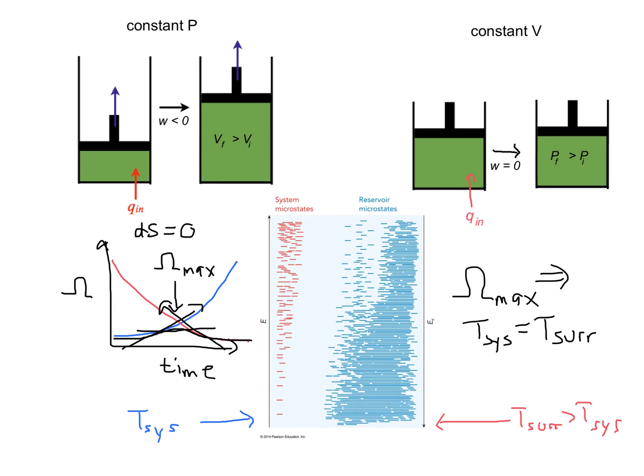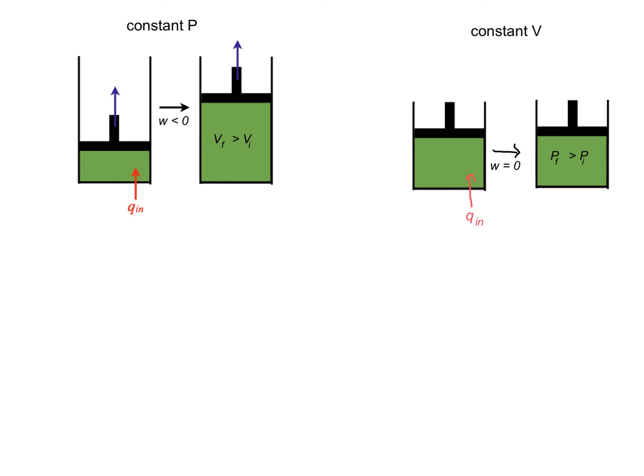This means that the hotter system will always lose microstates, and the colder system will always gain microstates, and thus heat always flows from the hotter body to the colder body. In the two examples shown here, the reservoir is at a higher temperature than the system, and so heat is flowing from the reservoir to the system and increasing the temperature of the system.